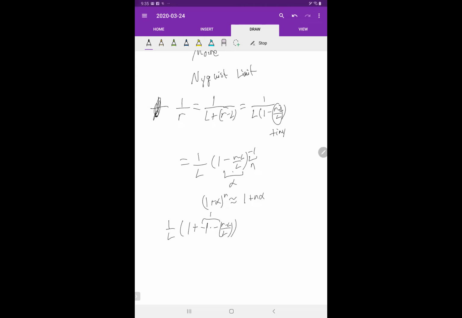This becomes plus 1. So we are getting 1 over L plus R minus L over L squared, right? So we're going to have 1 over L plus something over L squared, something tiny divided by a big number.